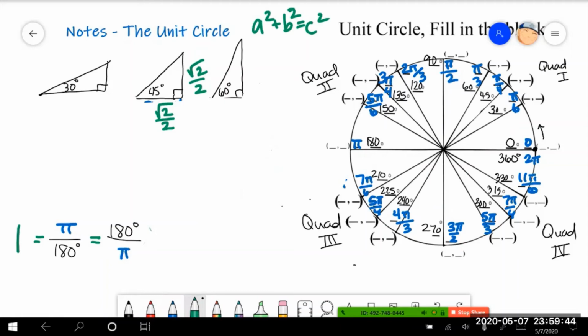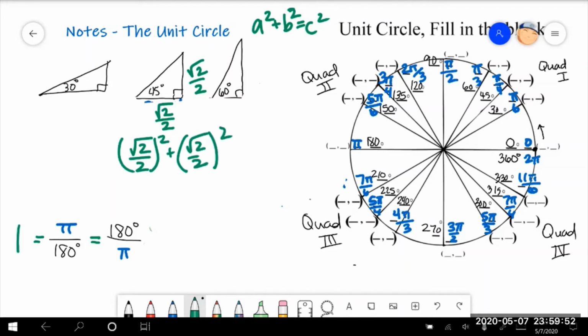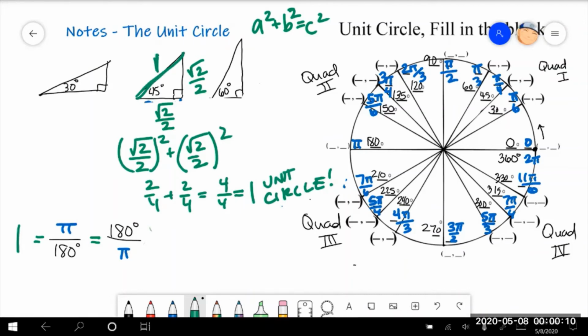And if I do that with these values here, root 2 over 2 squared plus root 2 over 2 squared, we get 2 over 4 plus 2 over 4, which is 4 over 4, and that's 1, which is the unit circle. Okay, remember our radius for the unit circle is 1. And if this is our radius, then we're good to go.